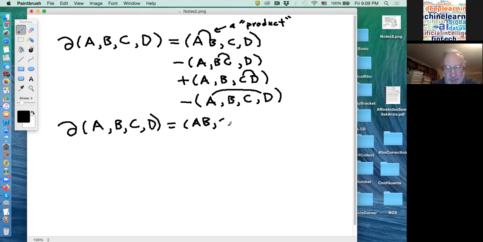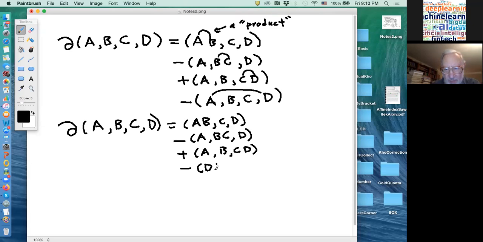Comma C, D, minus A, and then B and C would be put together, D, and then plus A and B and C and D would be put together, and then minus D and A. I'll just run it around multiplying cyclically like that, B and C, okay? We're thinking of taking it cyclically like that.